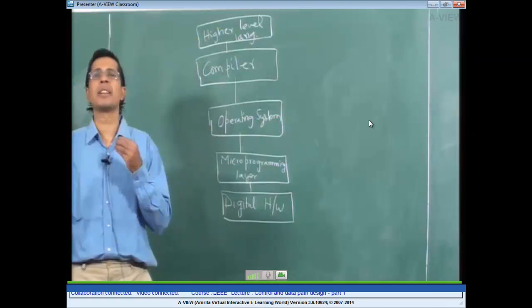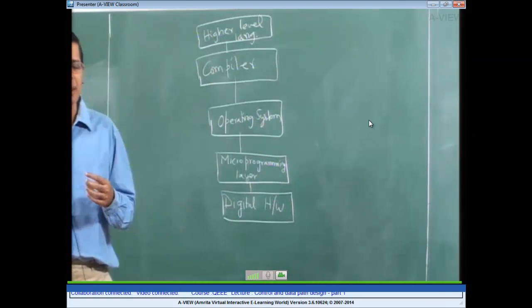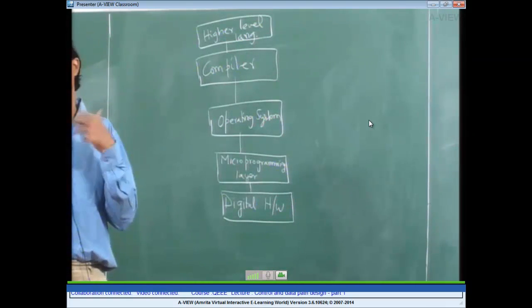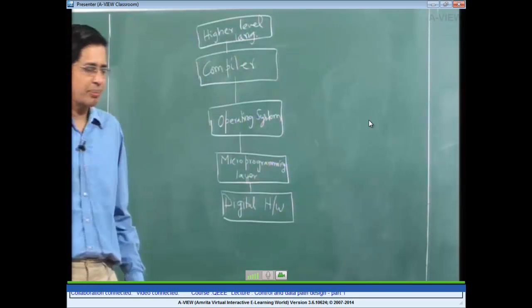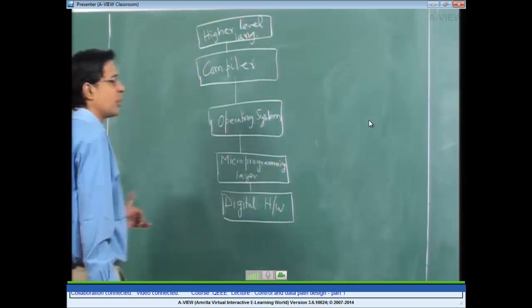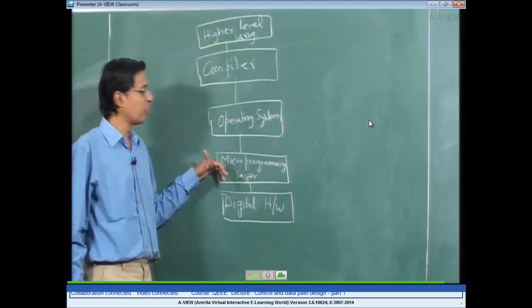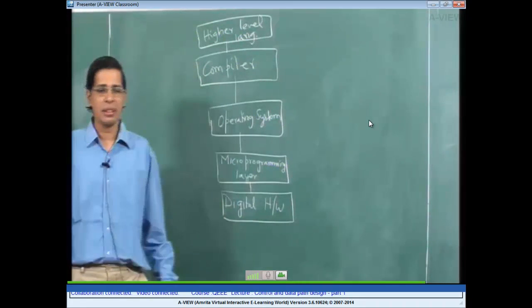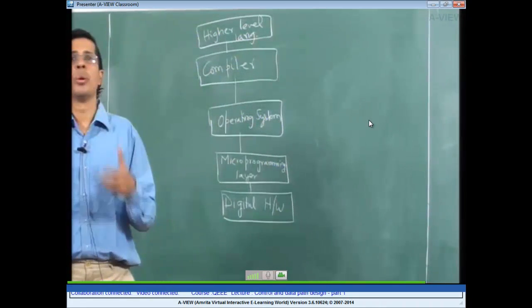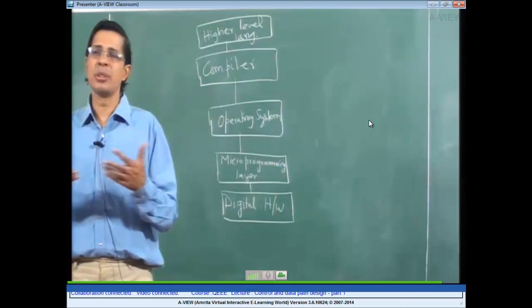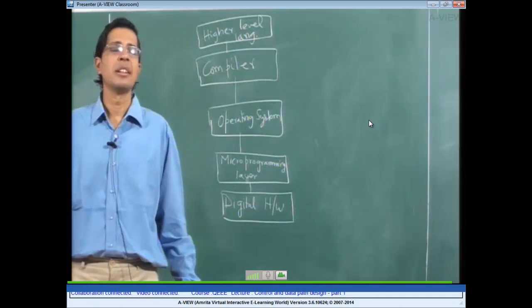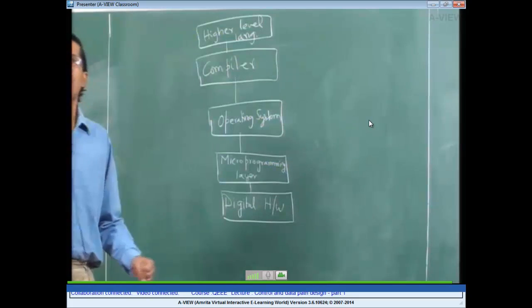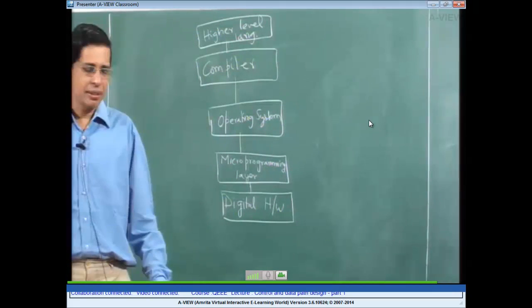These are fundamental for you to understand how data or programs are actually processed. The next step is to talk about this microprogramming layer, and that is where the notions of control and data path would become much easier. So let us understand what this microprogramming layer is.